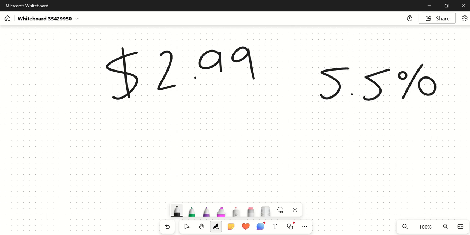Remember, markup, sales tax, tip, it's the same math. So don't get thrown off by the words that are there. Instead of me multiplying this to find out what 5.5% of it is, I can use the 100% method, right? If I add 100% to 5.5, what will I get?